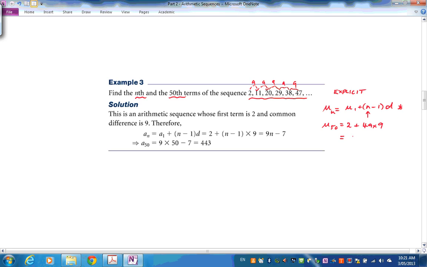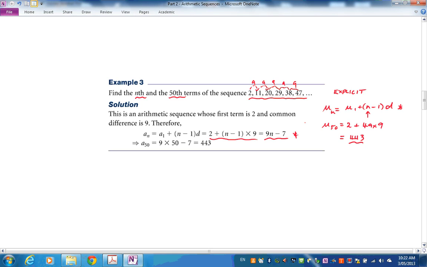I think 443. 443. Okay, so you can read what they've got over here as well, and they've done it slightly differently here, by multiplying this out into that form there. So you can do that if you want, or just substitute in, might be easier.